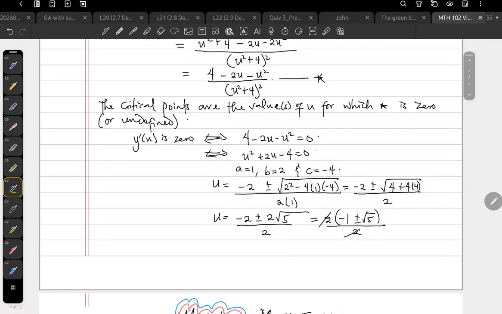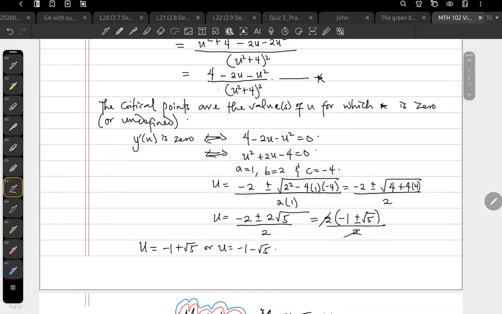The 2 cancels out, and we have u equal to -1 plus square root of 5, or u equal to -1 minus square root of 5. So these are the values of u for which the derivative is 0. Can it ever be undefined? That would have been the values of u for which the denominator is 0.